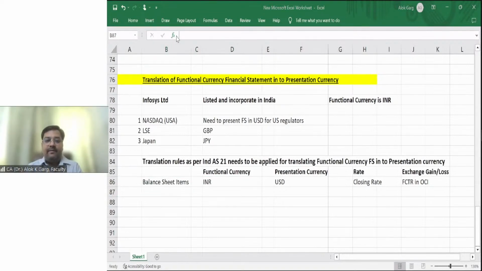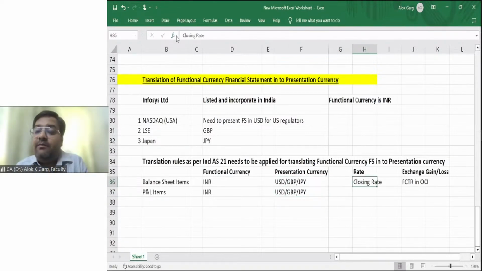Now, profit and loss items. Functional currency is INR, presentation currency is USD, or for better understanding it could be GBP or Japanese yen, because I've taken an example of all three. Sir, we understand the balance sheet because you are presenting balance sheet numbers on the reporting date.